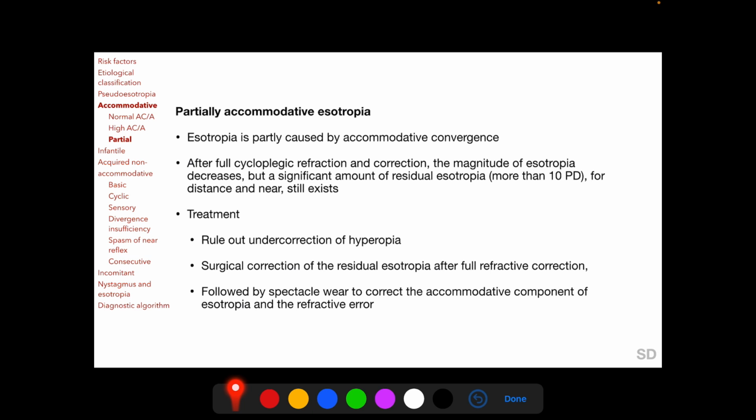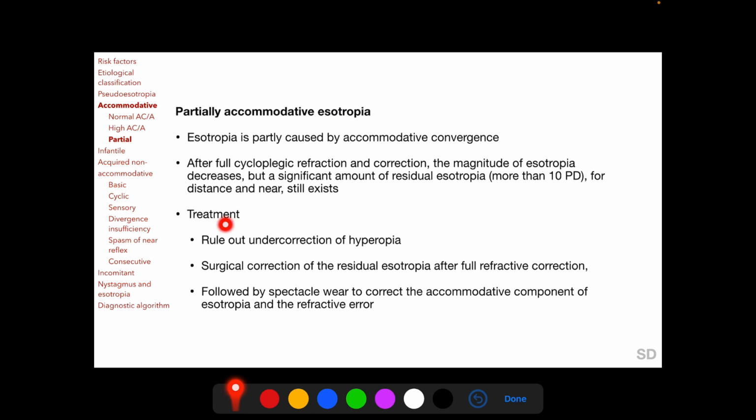Also, the accommodative component in partially accommodative esotropia can be normal AC/A ratio or high AC/A ratio accommodative esotropia. In the former, we will find similar esodeviations at near fixation and distance fixation without spectacle correction, and in the latter, we will find a greater esodeviation at near fixation as compared to distance fixation without spectacle correction.